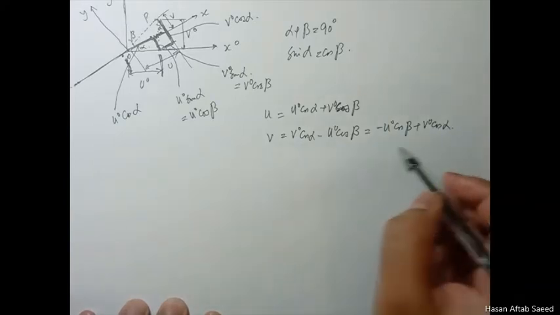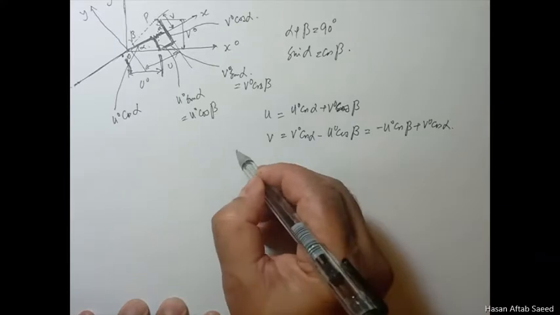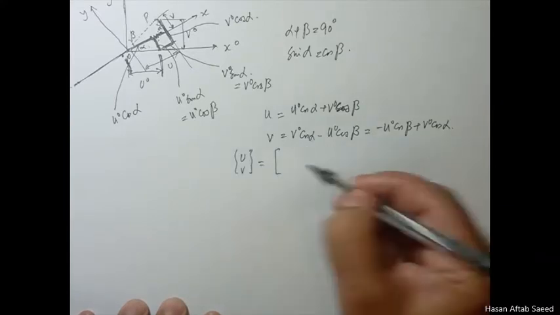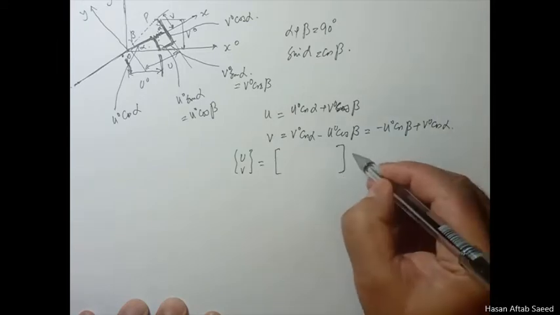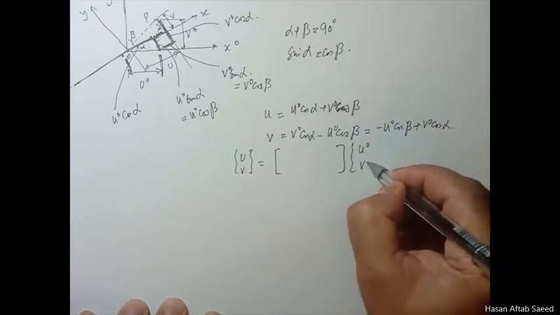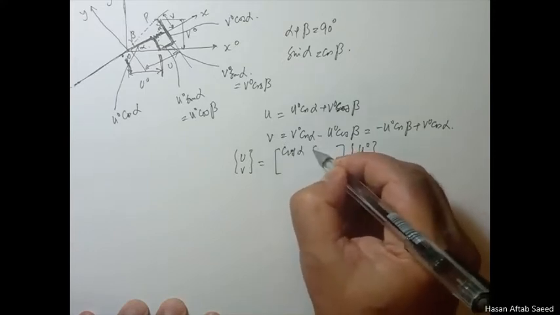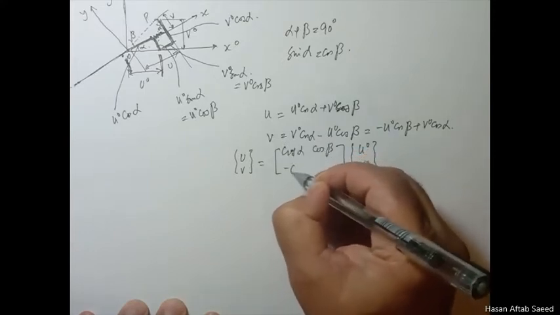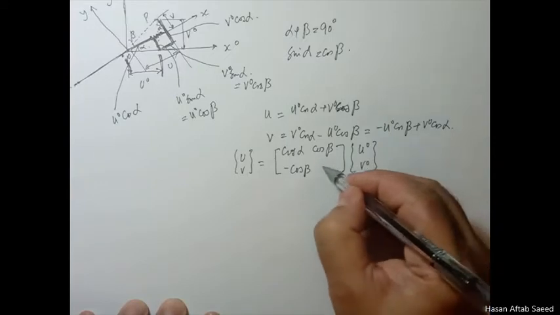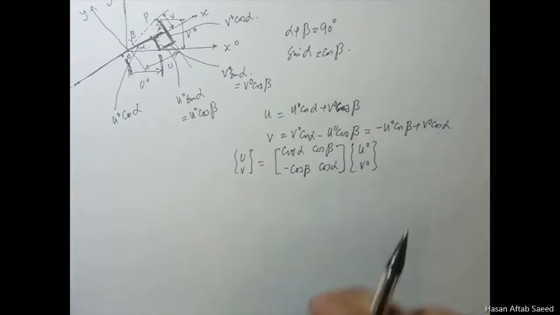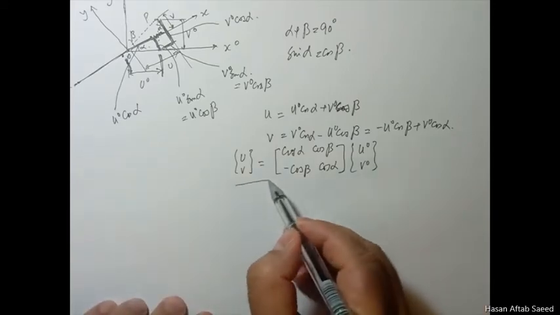And why we do this is that now it's very systematic for us to write this equation in matrix form. So this is the transformation.